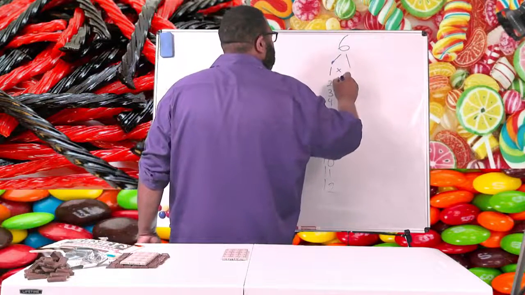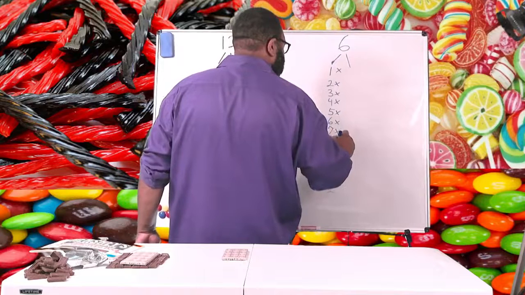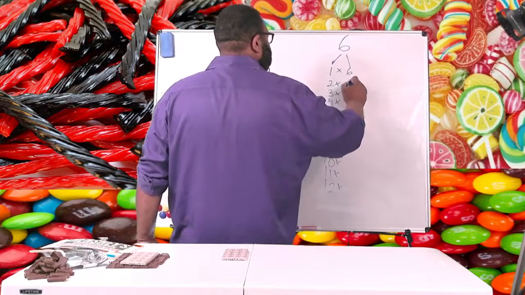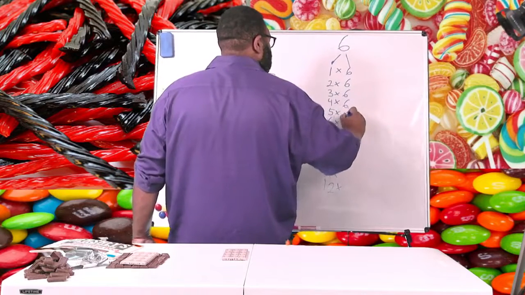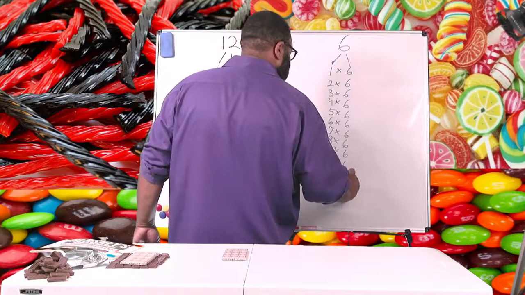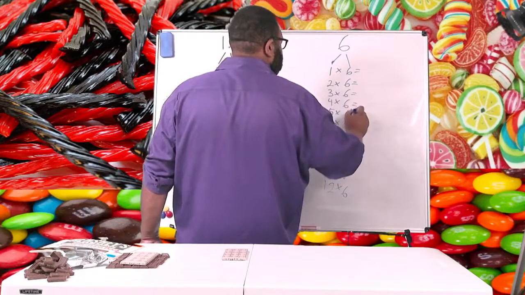Put an X in the middle. That stands for multiplication. And I put a 6. And put an equal sign because I want to make an equation.